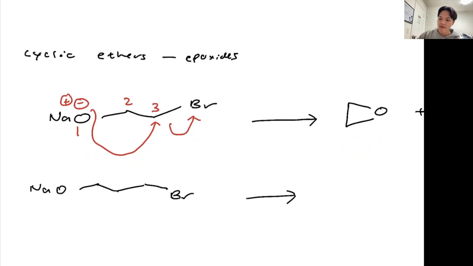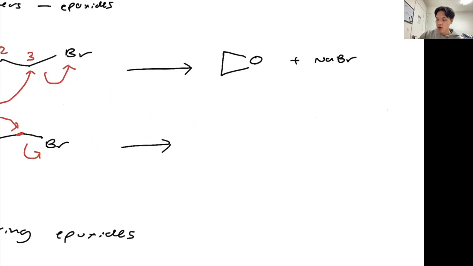So we can do the same thing for however many amount of carbon chains that we have. So this is going to be 1, 2, 3, 4. So it's going to be a 4 carbon chain, right? Or a 3 carbon chain with the ether right there. Oop, that is very ugly. Right there, right? And then it's also going to add NaBr.